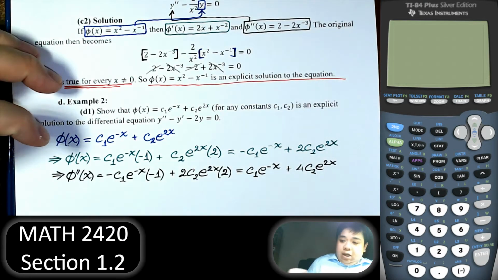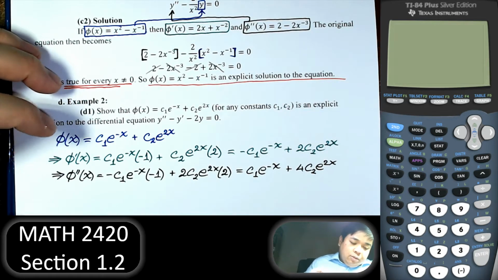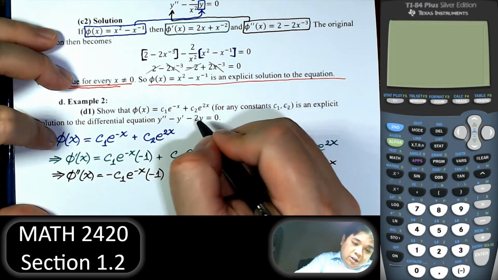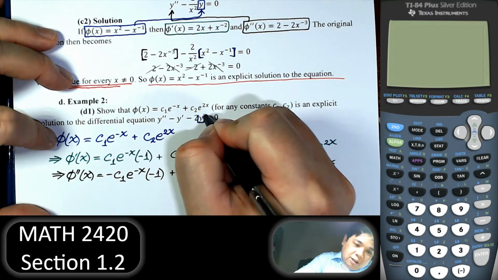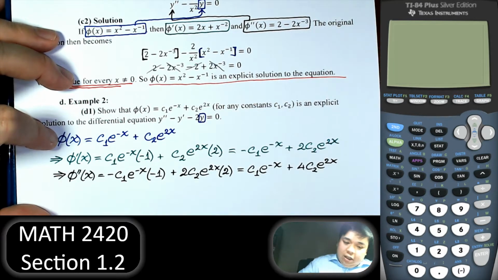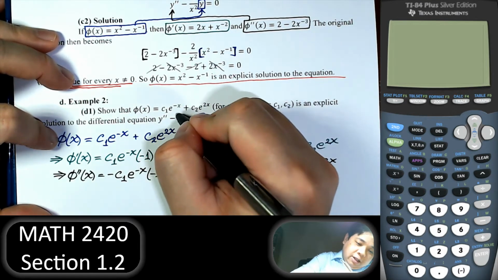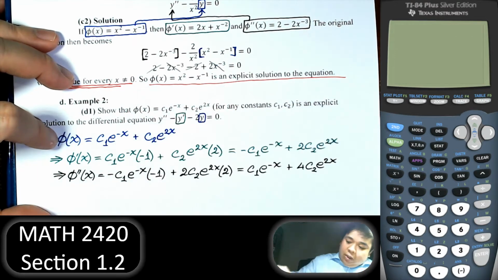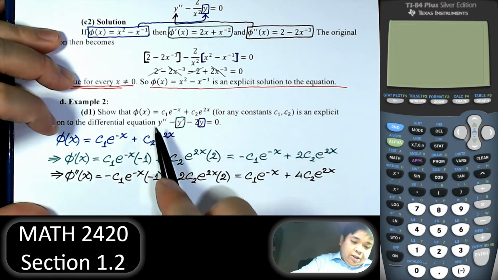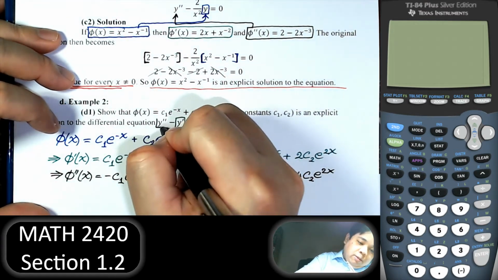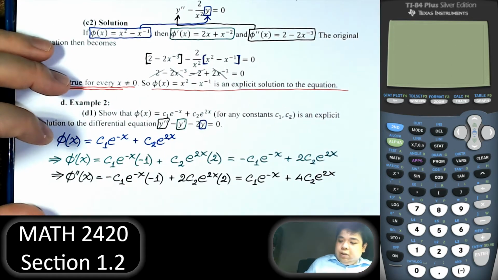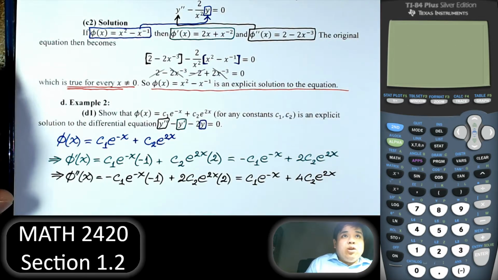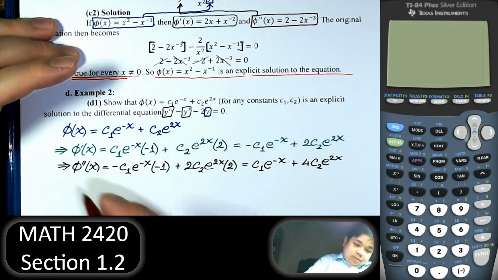Right, so we will substitute the function into y, the derivative into y prime, and the second derivative into y double prime. Right, so substitute into the equation.